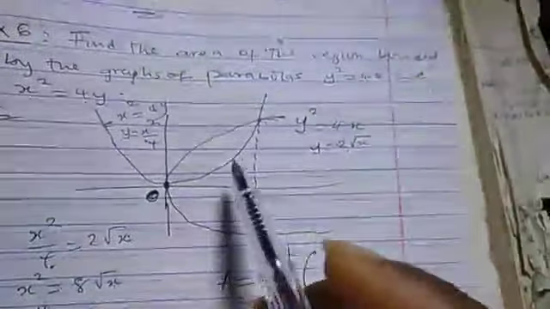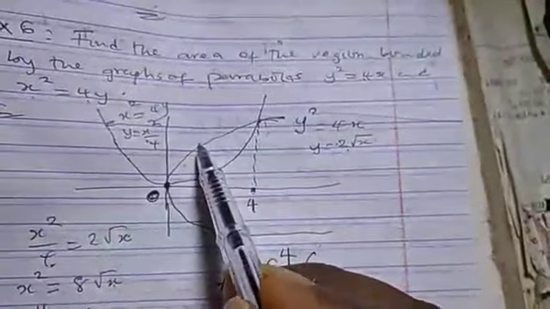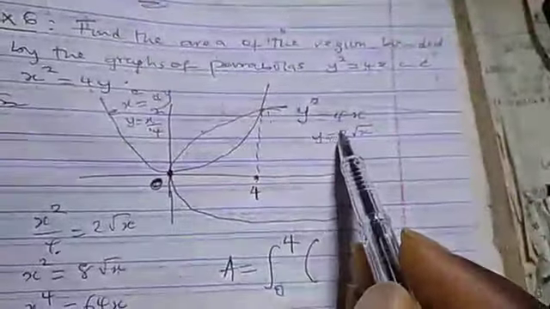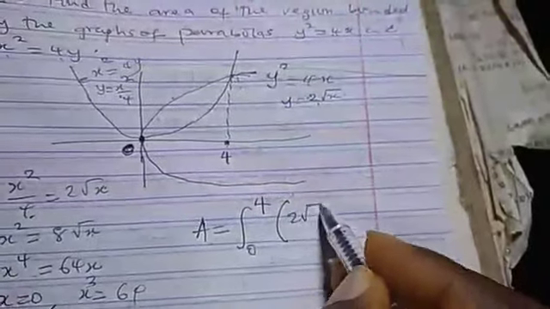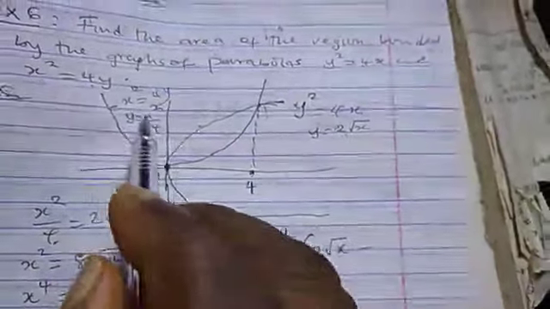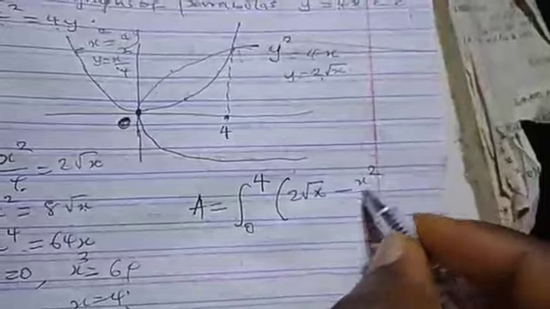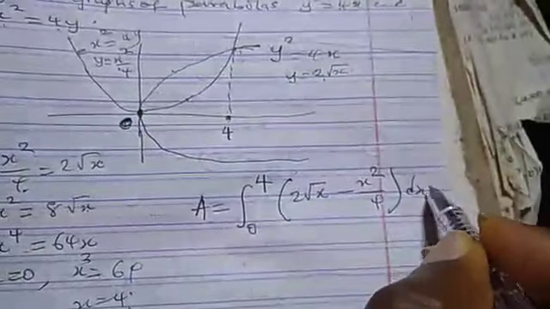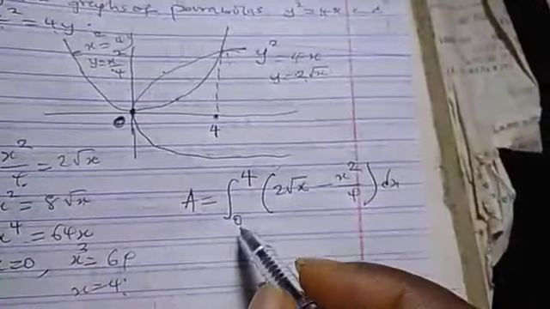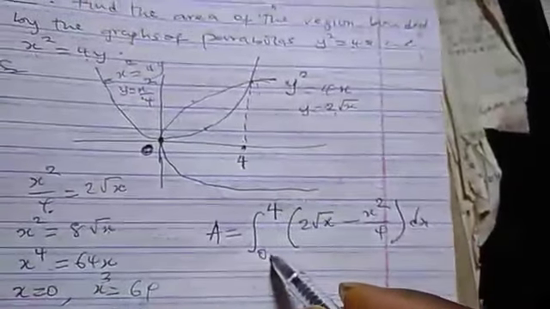0 to 4, something minus something. The one on top is 2 square root of x minus the one down, which is x squared over 4, dx. So this is what we now need to solve. I don't need to teach you this.